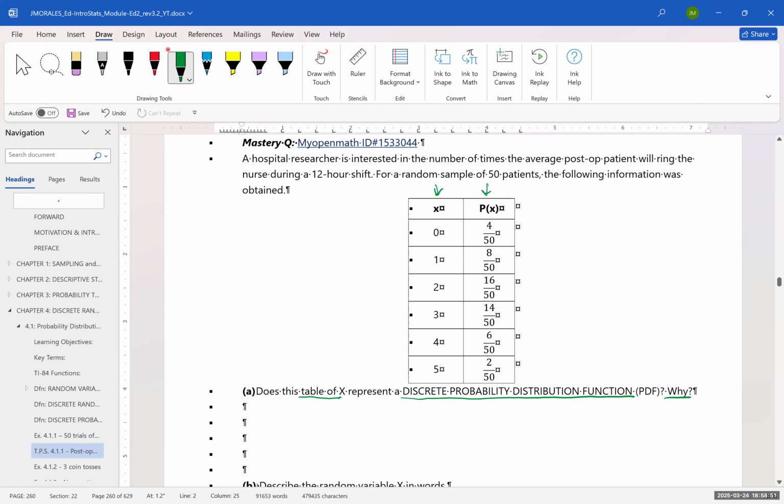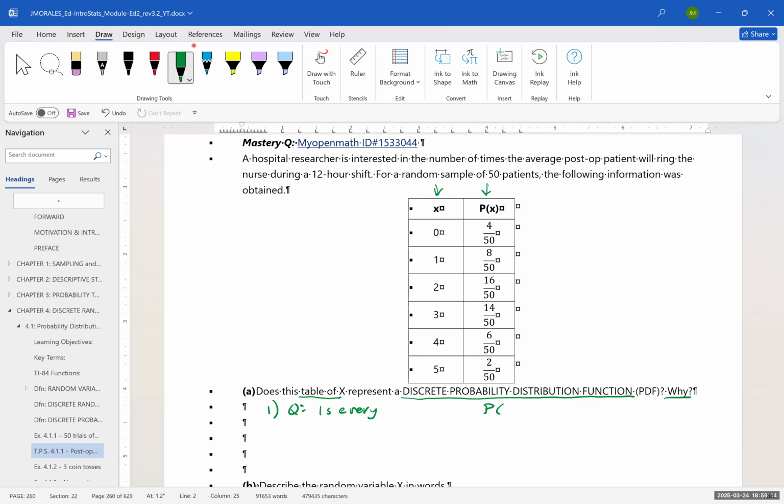So the first condition we have to look for is, is every probability of each element in the domain of the random variable... let me write that a different way.